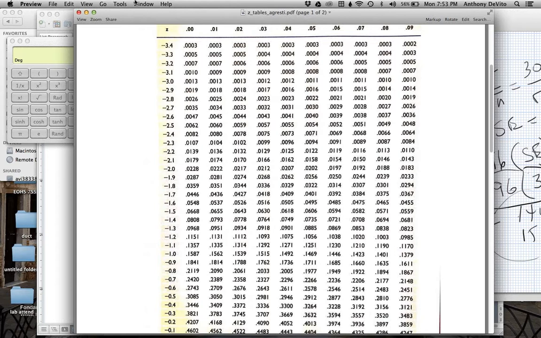Which one is going to represent the widest interval of those numbers? 1.96, 2.58, 1.64. Which one's going to give us the widest interval? The 99% confidence interval is going to give us the widest interval because that's the biggest number we're going to multiply to get our margin of error. Does that make sense? The wider the interval is, the more certain you are that you're going to capture the mean between those two numbers.